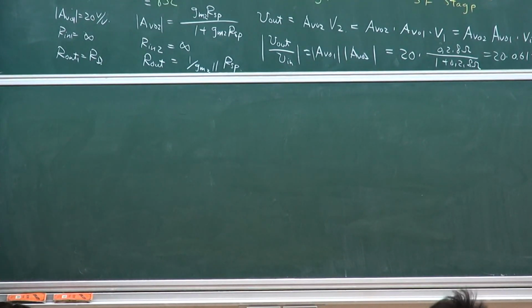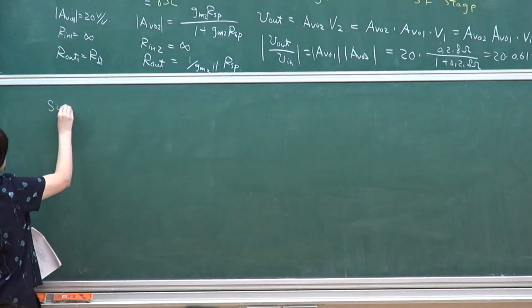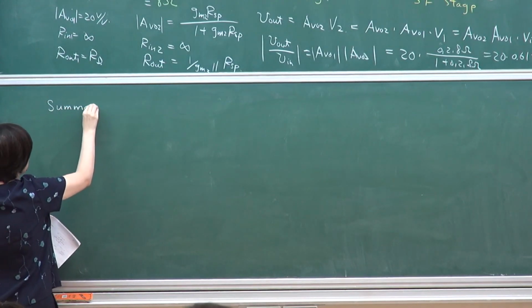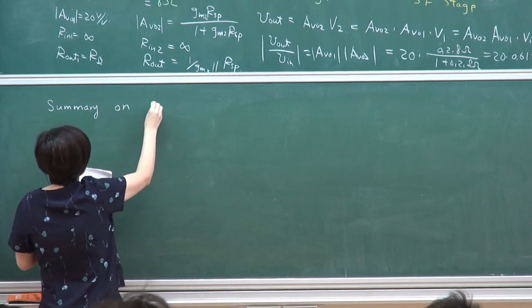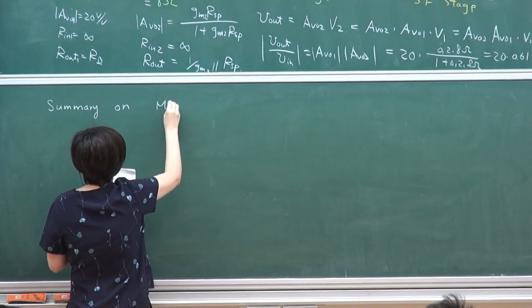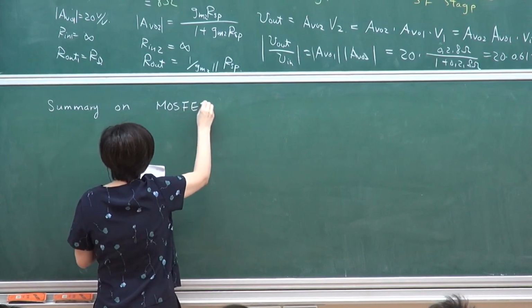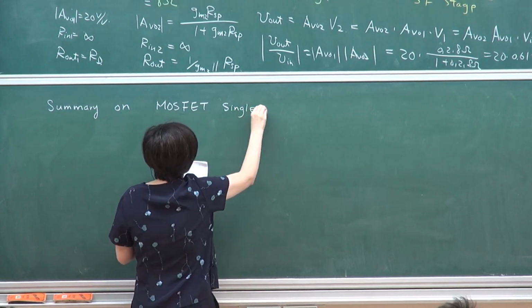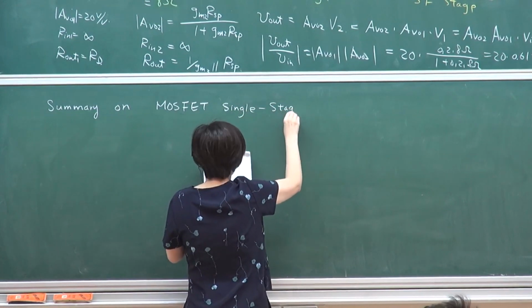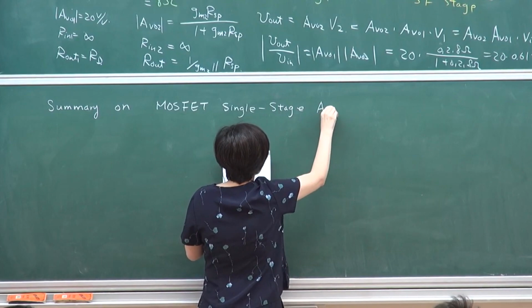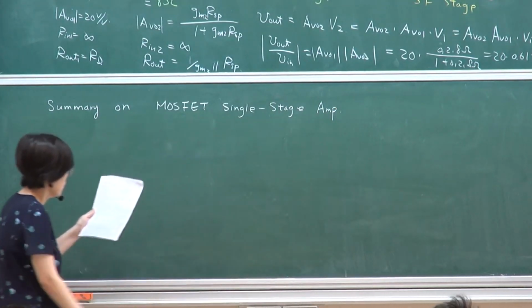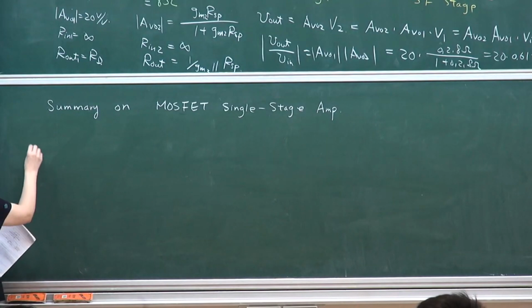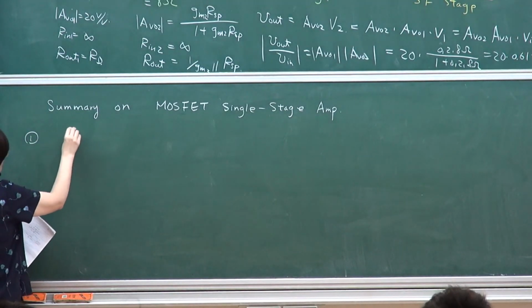So before we wrap up chapter 7, I'm just going to give a small summary. So first of all, we talk about a common source.